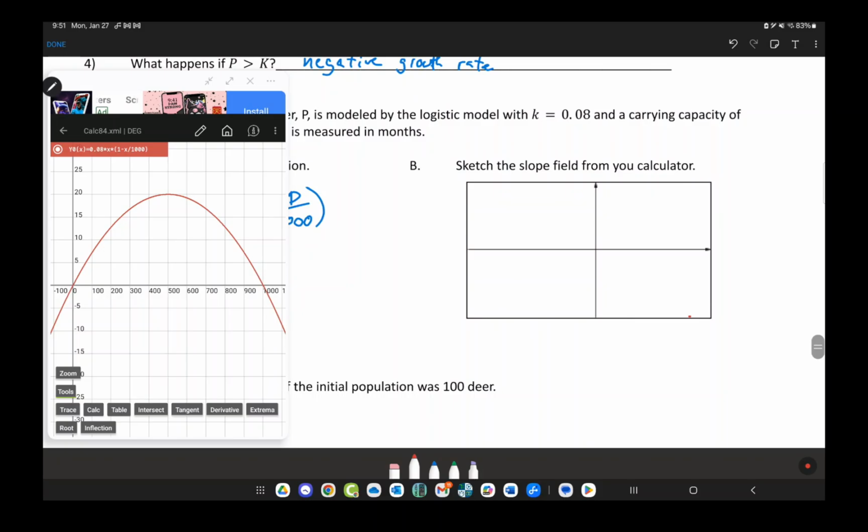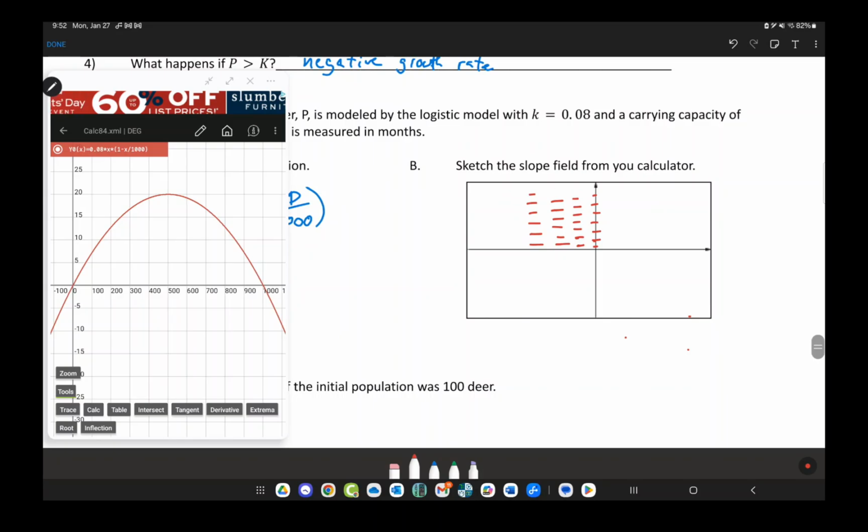But we cannot go less than 0. So right here we will have slopes of 0, basically everywhere. So yeah, everywhere over here, slopes of 0.